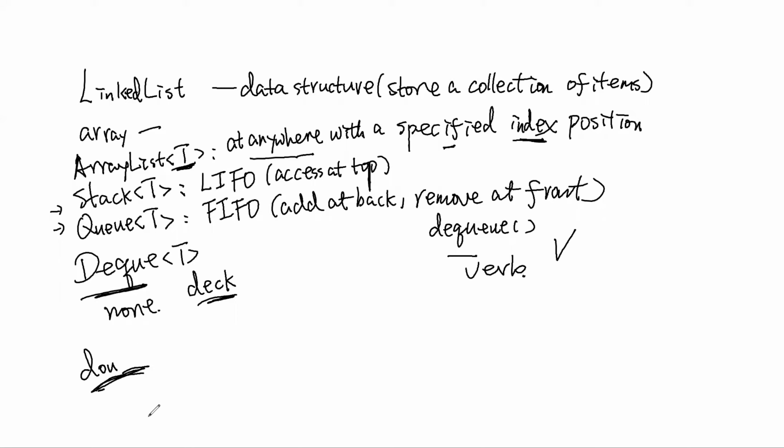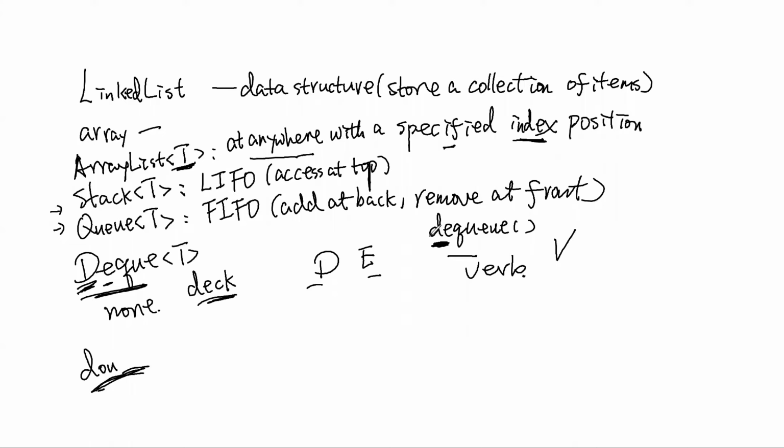D-E-Q-U-E. What does that D represent? This D and this D are different. This D is a verb, rooted from the verb. This is different. What does that D represent? This is an abbreviation, so this is one word and this is another word.